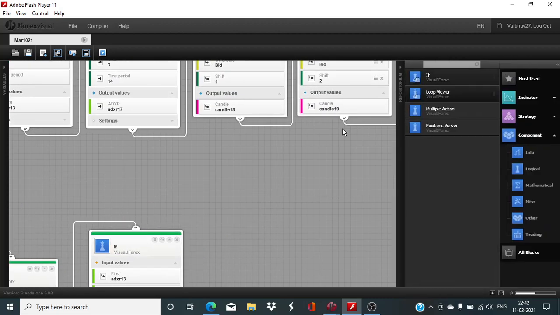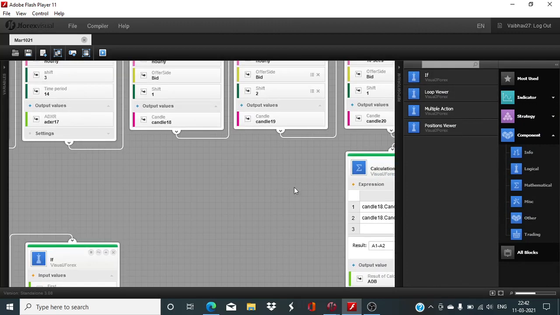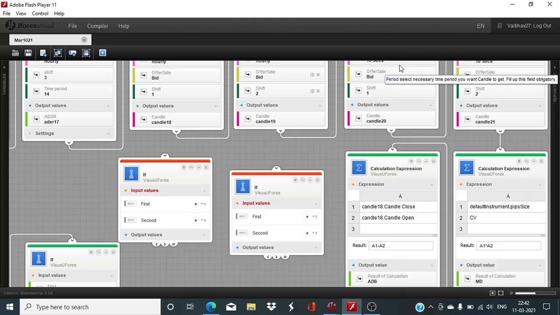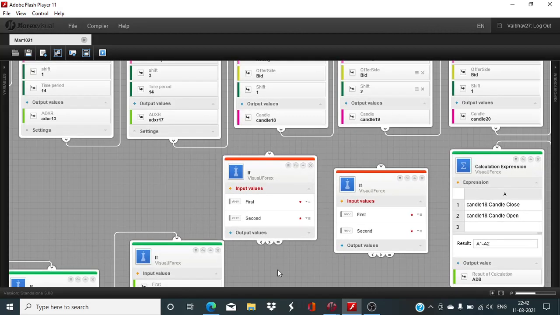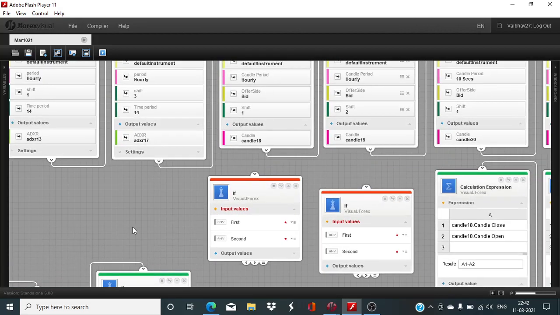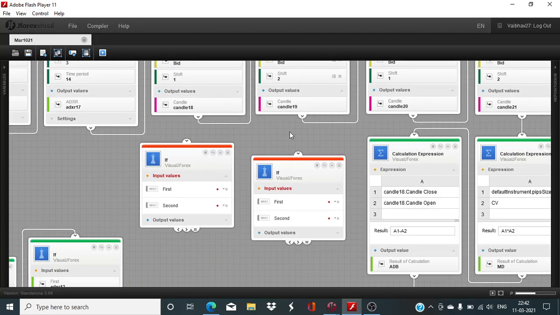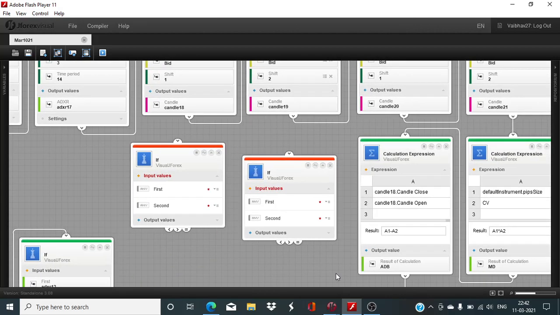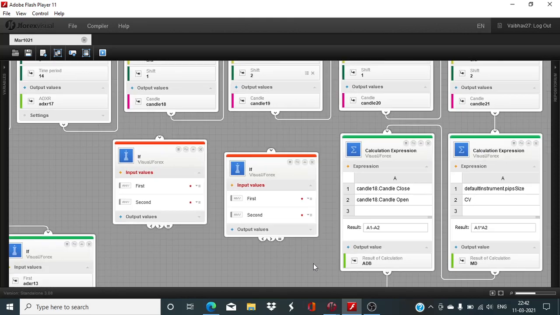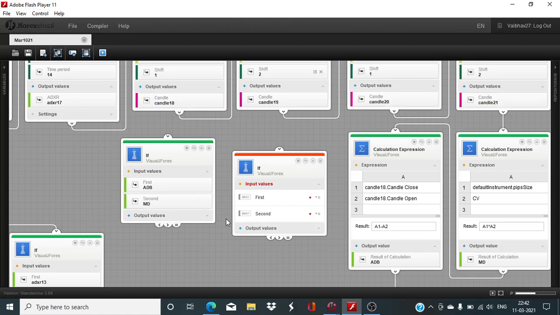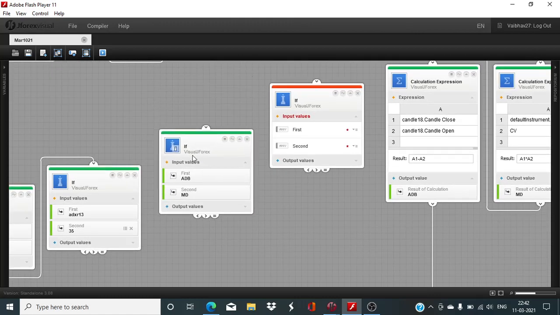Okay, then looking into the price volatility, for that we will be using the values of candle 18 and candle 19 now, and we need the last candle's closing value to be higher than its opening value by at least 7 pips. So for that we will have to look into the actual difference and the minimum set defined difference.